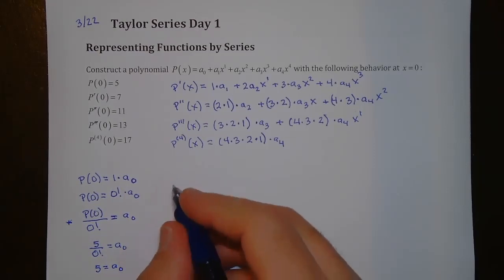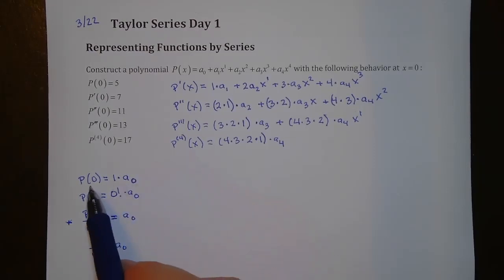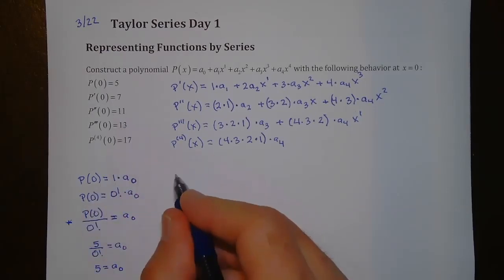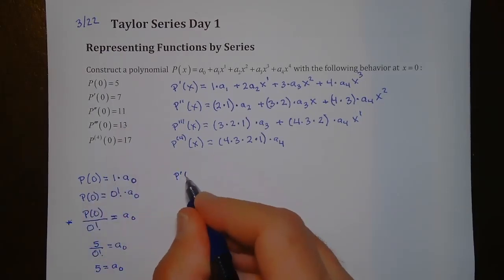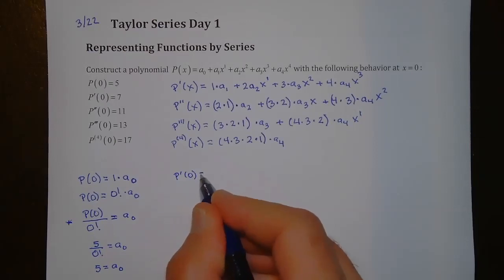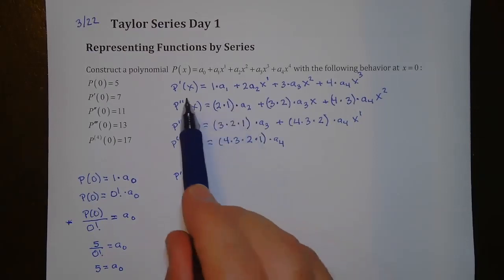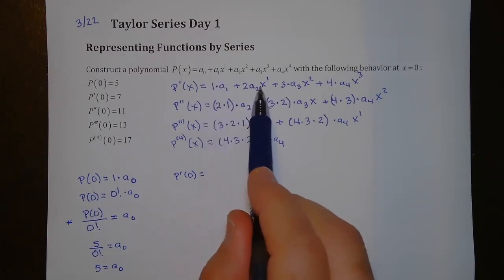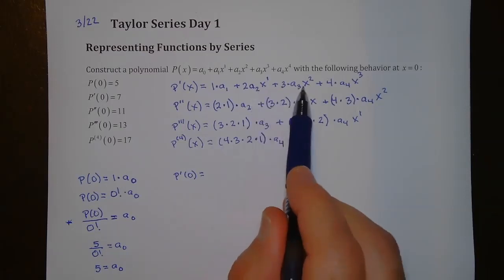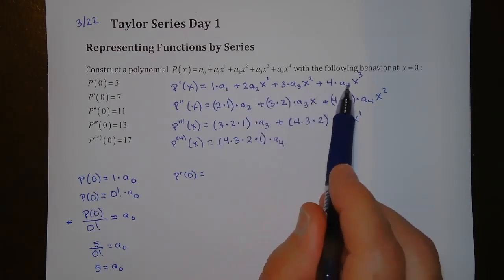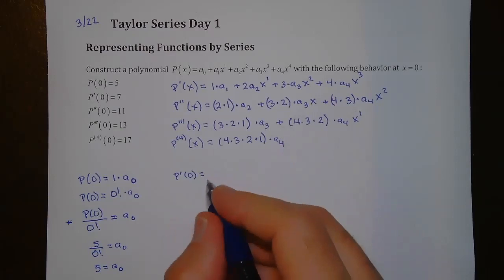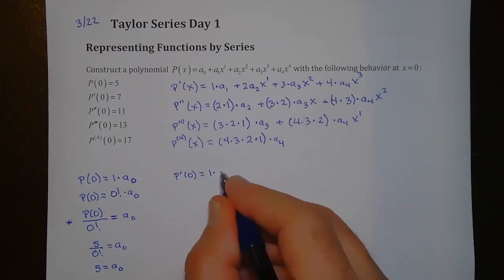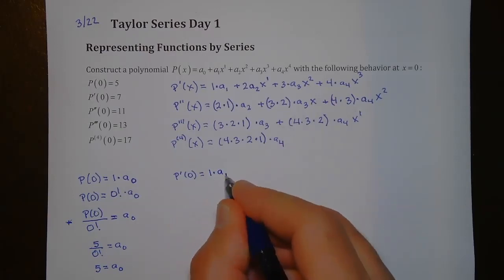Okay, well, how about p prime of 0? So I know p prime of 0 is equal to, we're going to use this one this time. So we're going to have this still, but because we're putting 0 in for x, this one's going to be 0, this one's going to be 0, and then this one's going to be 0. So that would be 1 times a sub 1.